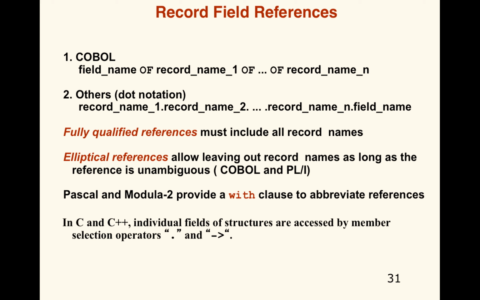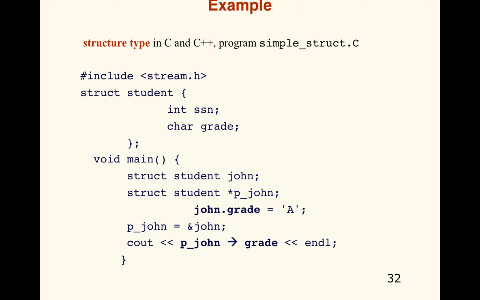I'm not going to get into these other COBOL and PL references because they don't really exist anymore. I mean, they're not really used in the mainstream languages. And we don't use the with clause anymore either. But in C, C++, the individual fields of the structs are accessed either by the dot or by the arrow. If the arrow is used, it is a pointer, the dot is used for non-pointer data.